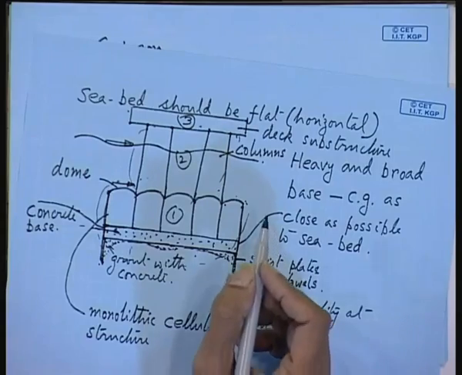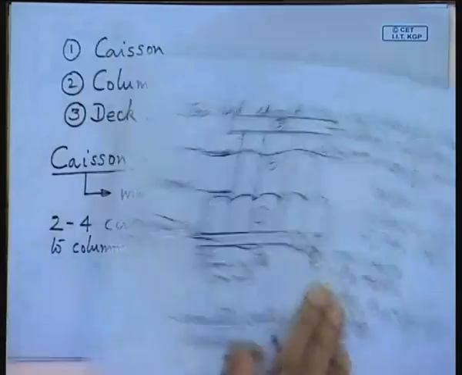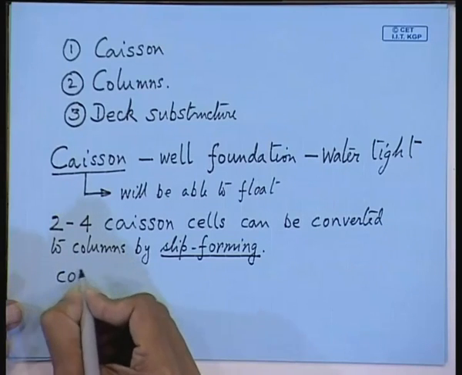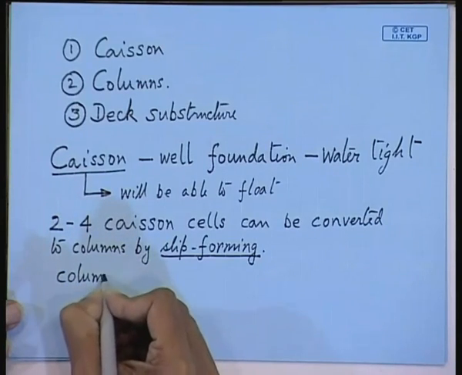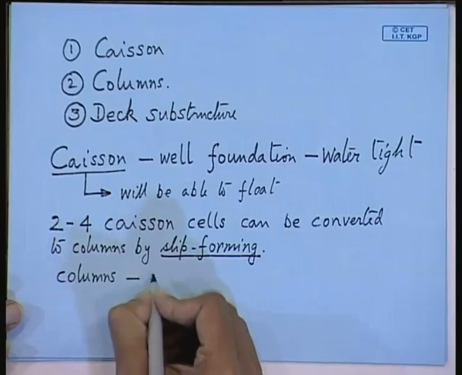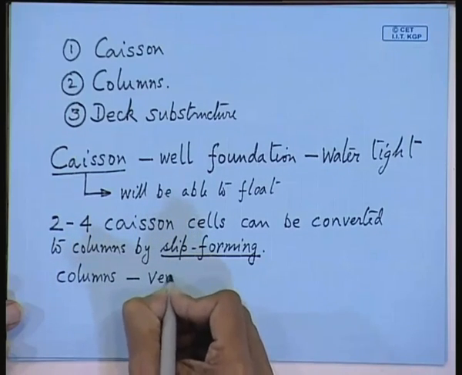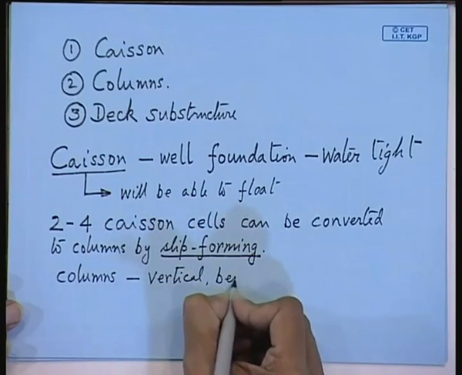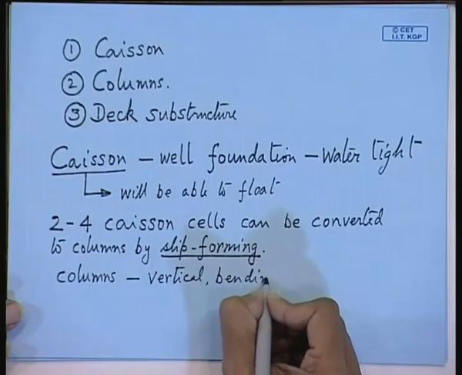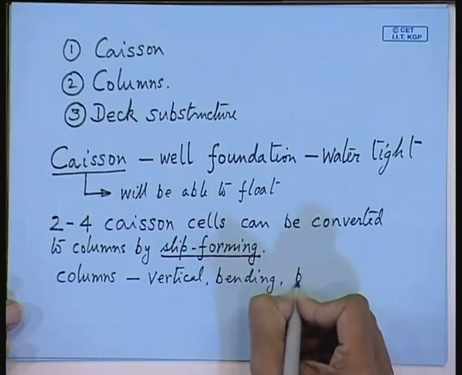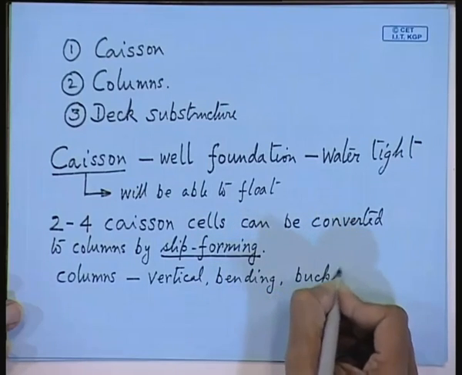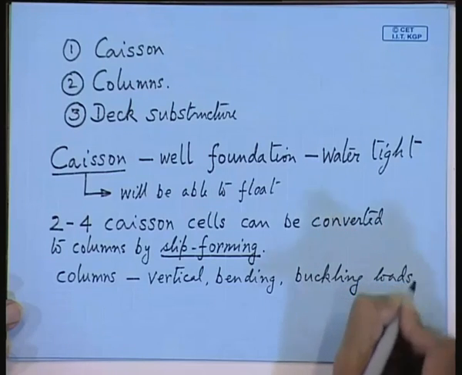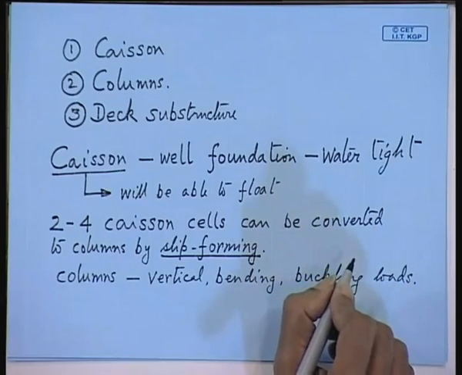So these factors are to be noted, and columns are to take a large amount of vertical loads, vertical bending and buckling loads. So these types of loads are going to come into columns.